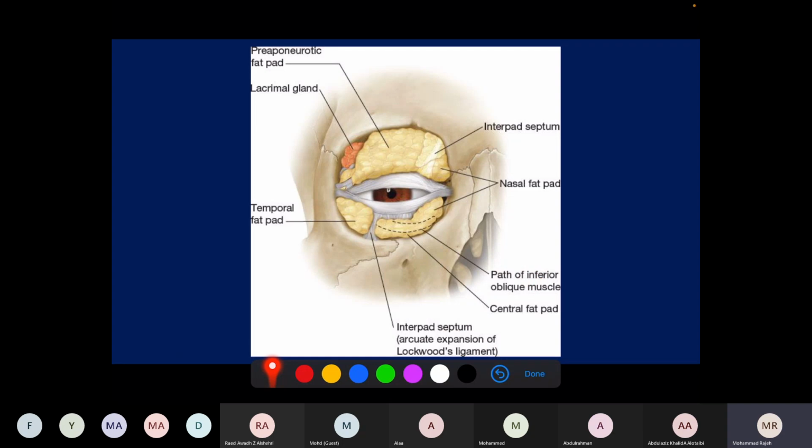So usually the medial fat pad is pale, and the central fat pad is yellowish. It's important. This is an important sign to distinguish it intraoperatively. Okay, so we'll start with simple ones.